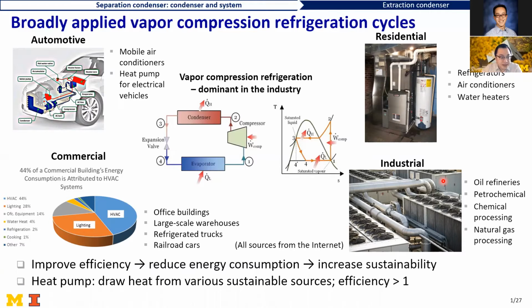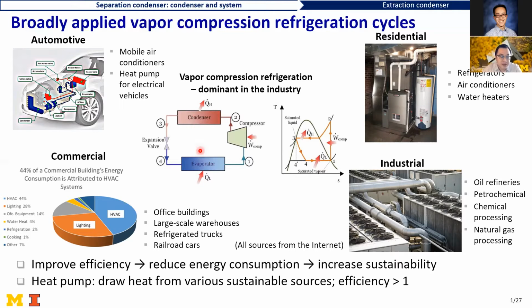Specifically, the heat pump system has drawn a lot of attention recently with the rise of electrical vehicles nowadays. The heat pump system and the refrigeration cycle are exactly the same cycle. The difference is that the functioning part for the refrigeration cycle is the evaporator, which absorbs the heat, while for the heat pump system, the functioning part is the condenser, which releases the heat.